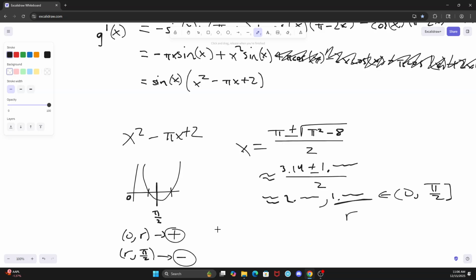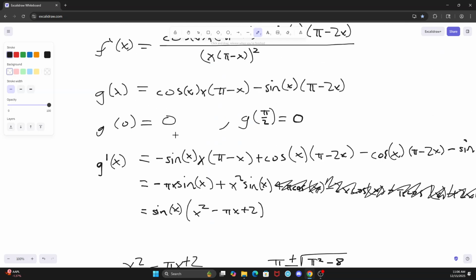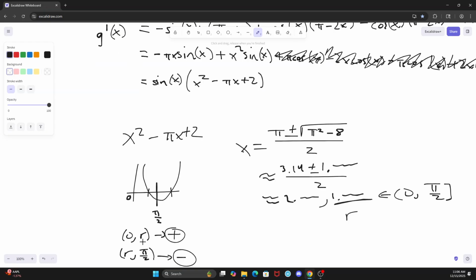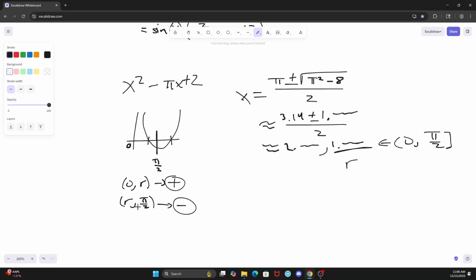So that means g is increasing from 0 to r, and then decreases from r to pi over 2.